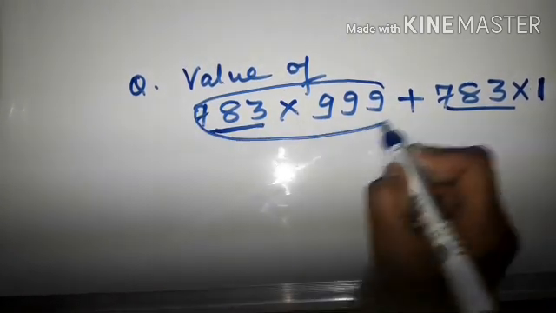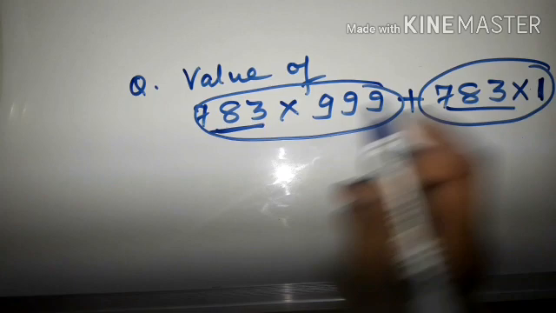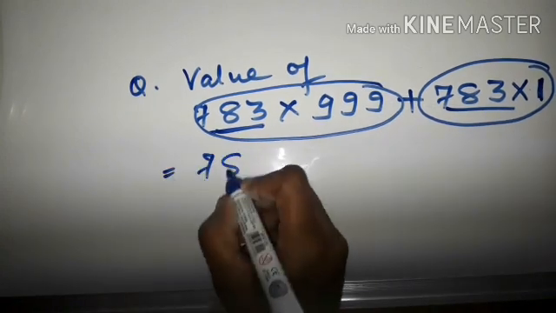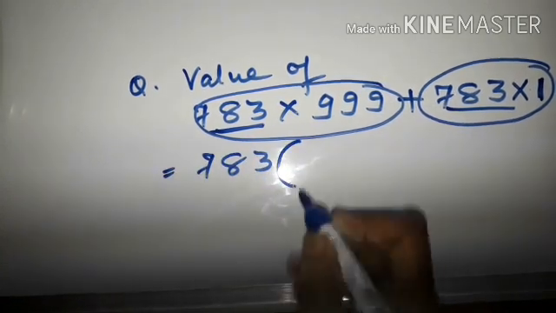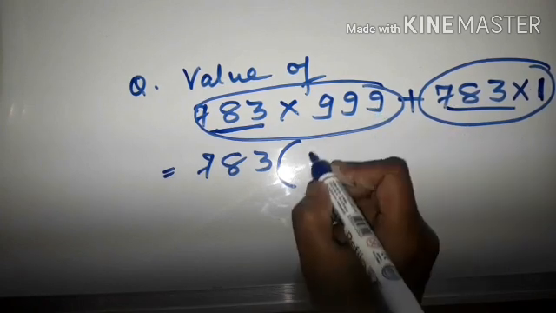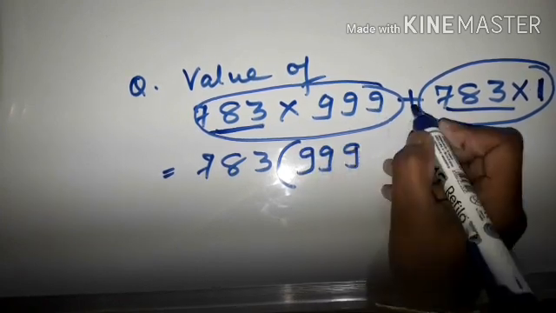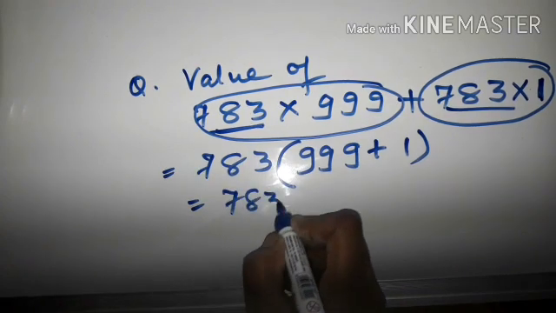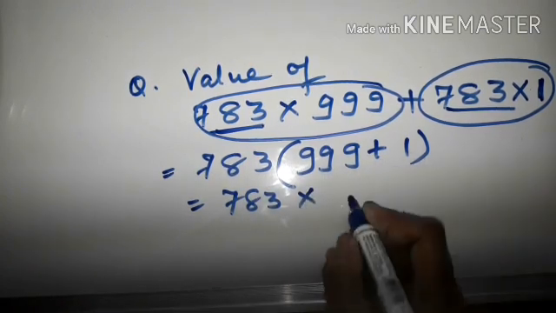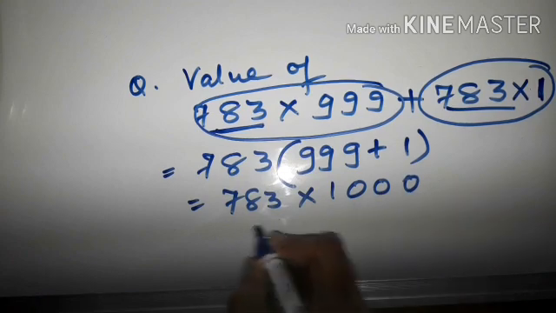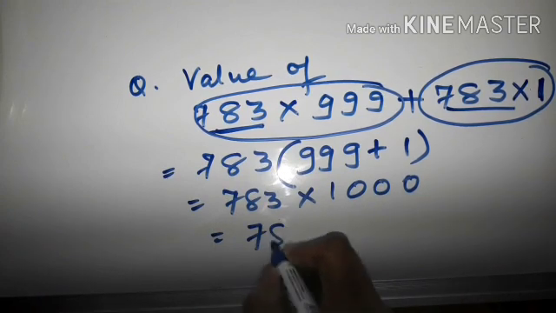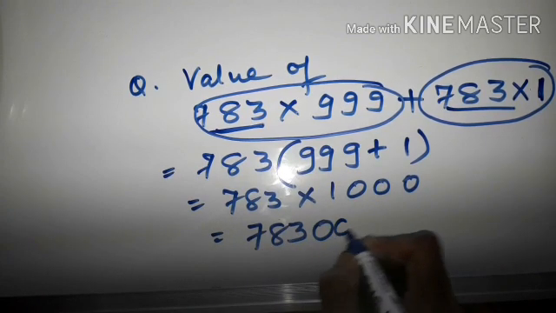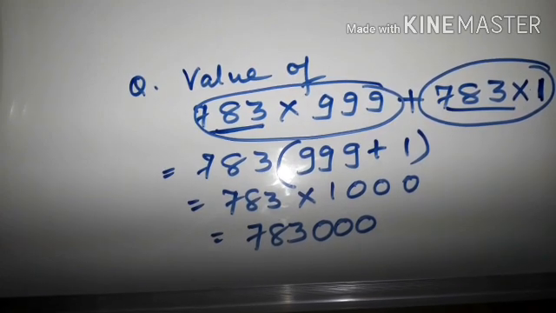Again, this is the first term and this is the second term. So 783 is common. Write the bracket part. What remains here? 999 plus 1. So 783 and 999 plus 1, that is 1000. So your answer is 783 followed by 3 zeros. Thank you.